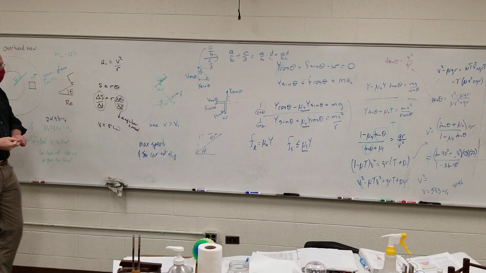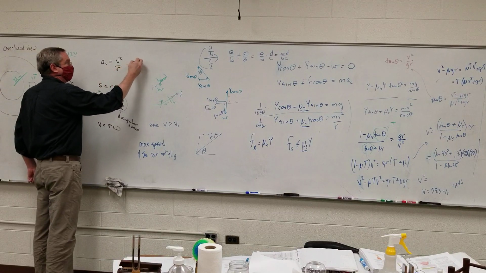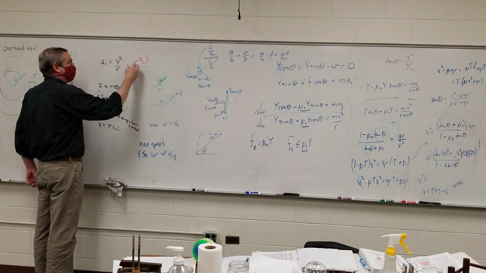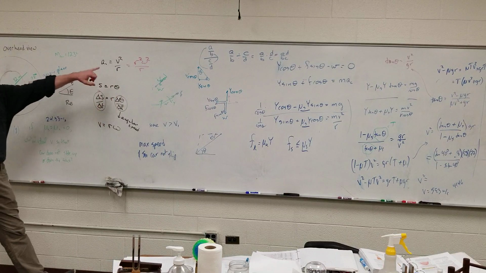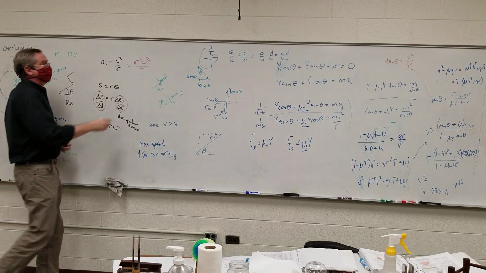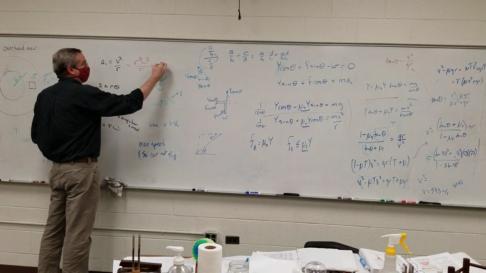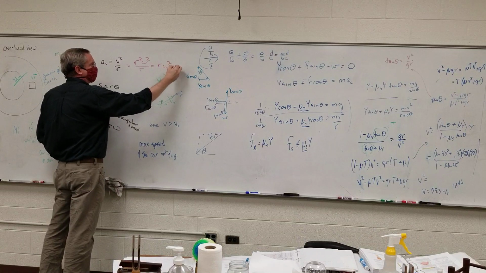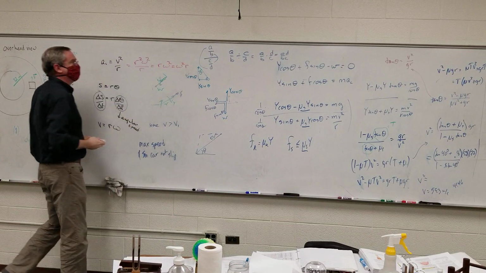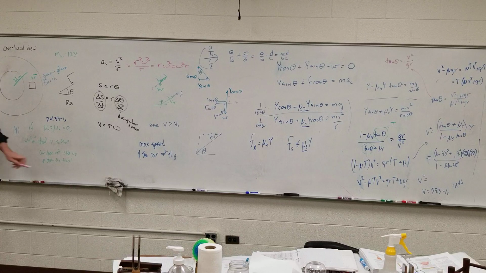If we make that substitution in here, we get r squared omega squared over r, because v is equal to r omega. One of the r's cancels out, and you're left with r omega squared, or as I wrote on the lab, omega squared r. Anyway, that's where it comes from.